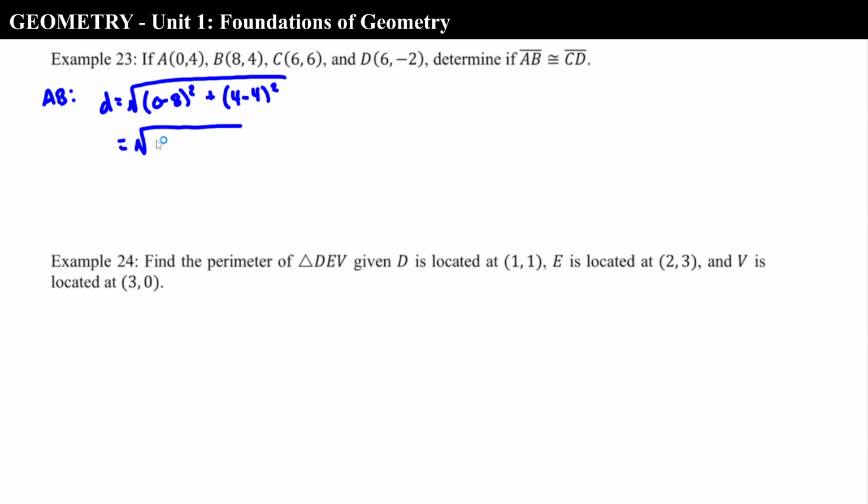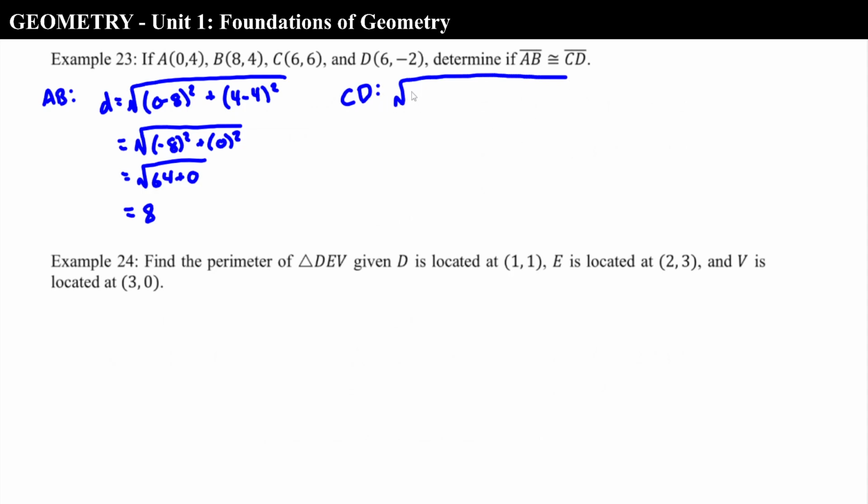So we do our parentheses. We get -8 squared. 4 minus 4, we get 0 squared. So we have the square root of 64 plus 0, which is just the square root of 64, which is 8. So that one comes out nice and even. So if CD is also 8, then we can say they are congruent. But the only way to find out is to do our distance formula.